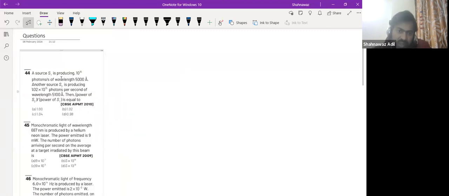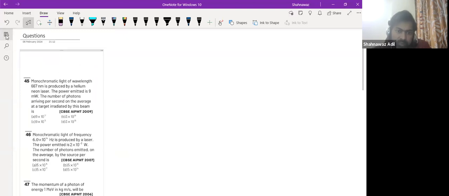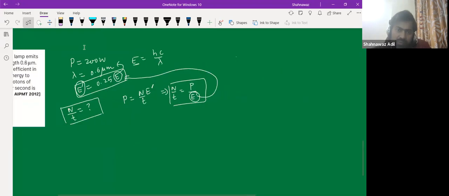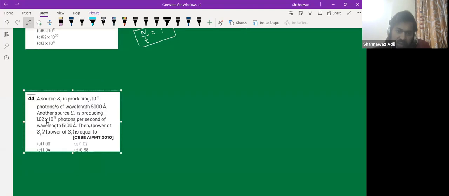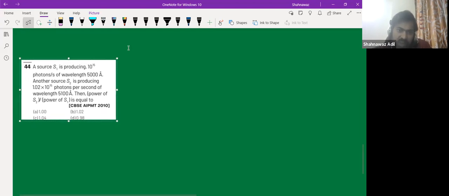And again, a source is producing this one. Okay, so a source S1 is producing this many photons per second of wavelength. Another source is producing photons. Then the power by power is equal, right?